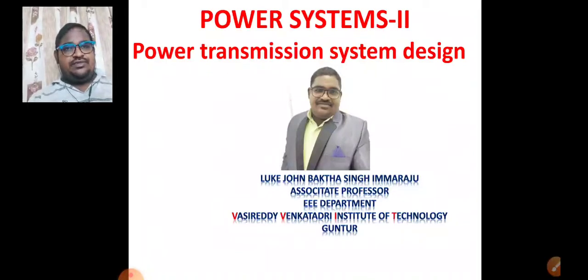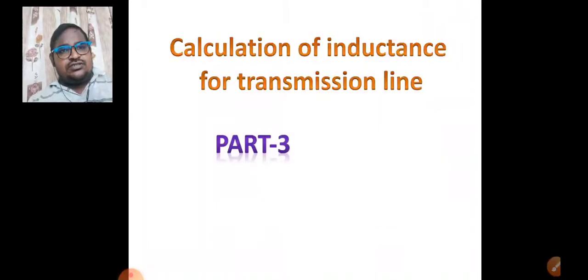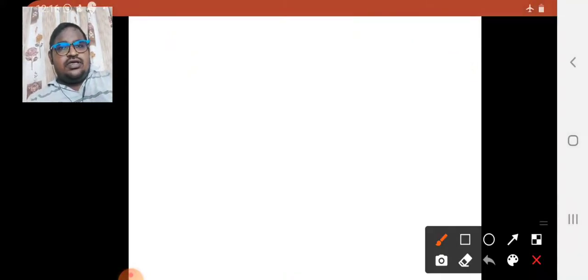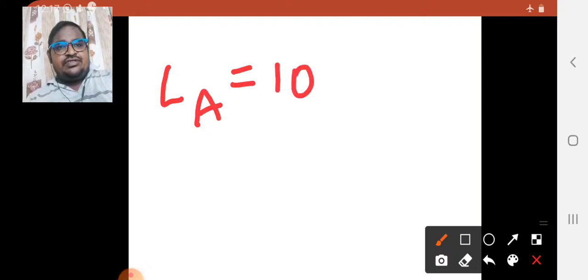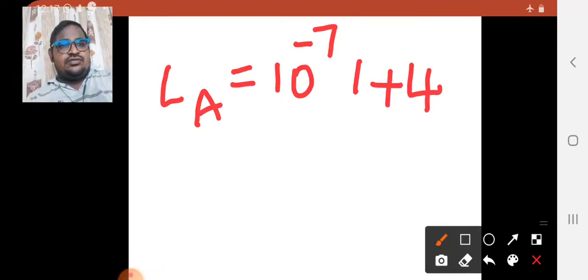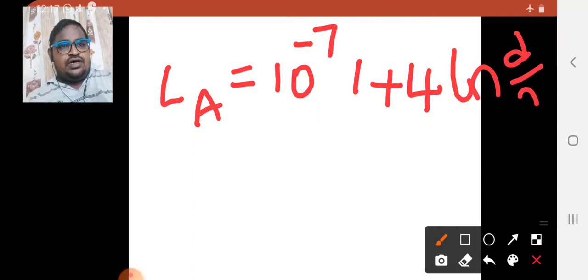What expression did we get? L is equal to 10 power minus 7, this is loop inductance, 10 power minus 7 into 1 plus 4 ln d by r.